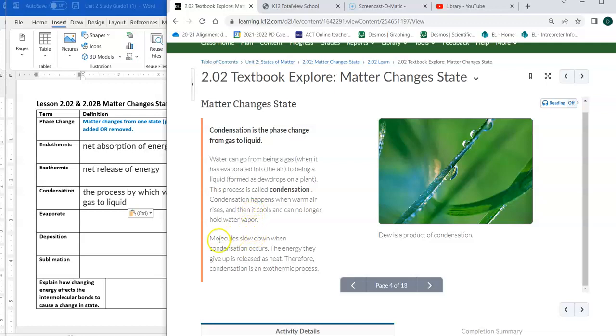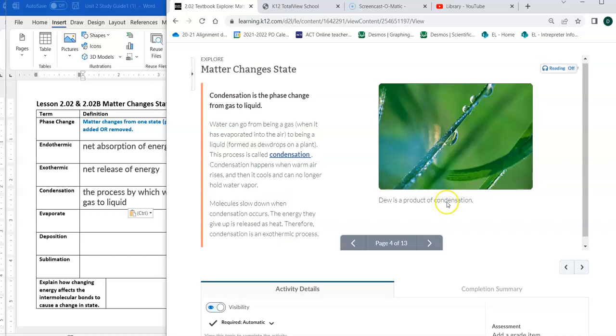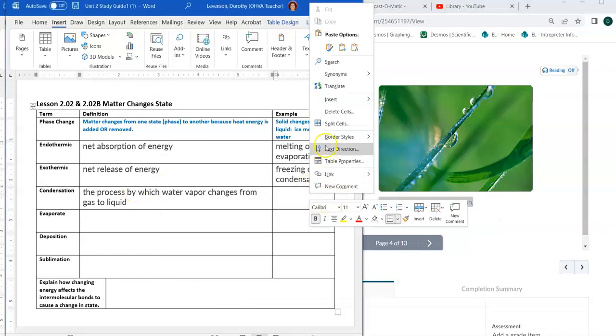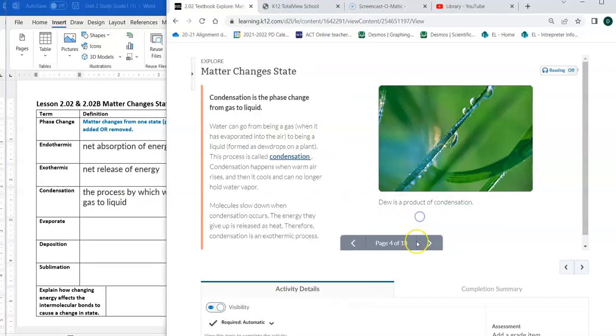It talks about the energy, it's losing energy, so the molecules slow down. And you can see the example here is dew, right? Dew is a product of condensation. And you can stick that in there, no big deal.